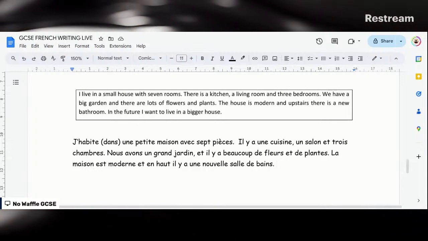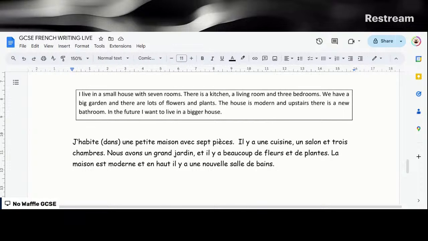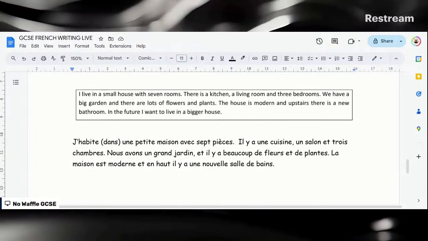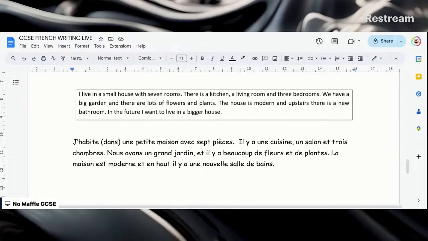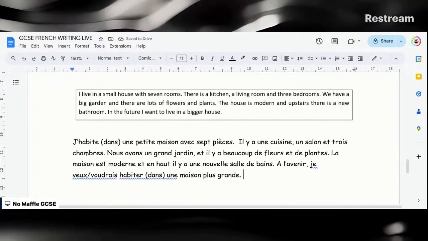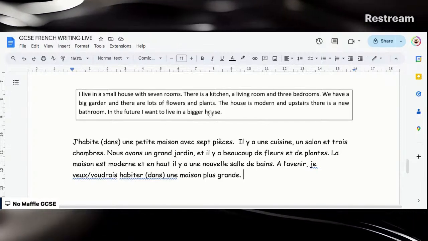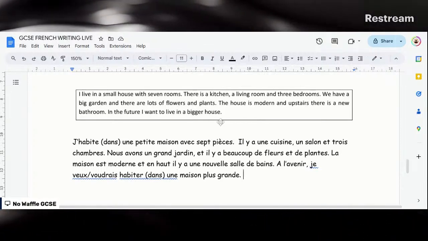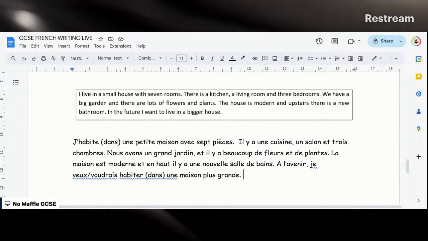So, à l'avenir, in the future, je veux ou je voudrais habiter dans une maison plus grande. You can't just say a big house because they're making the distinction by saying bigger. So it's a comparative that they're asking you to plug in.